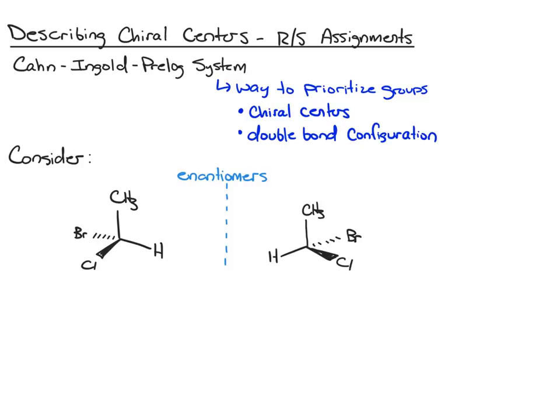So if you were writing the IUPAC name for either one of these, you would write 1-bromo-1-chloroethane.